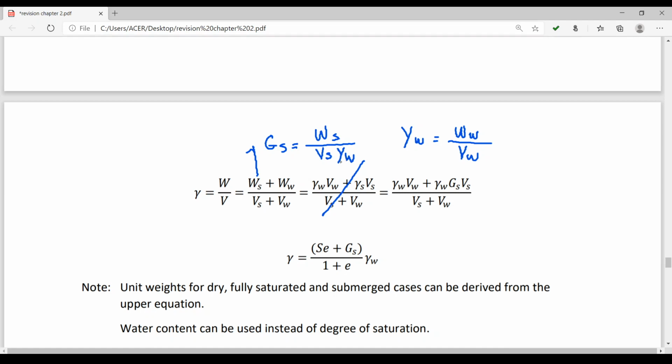If we transpose this, that is Ws equals Yw, Gs, and Vs. And for the total volume, the volume is equal to the total volume of your soil solids plus the total volume of your water.